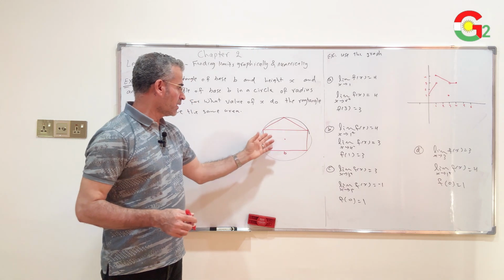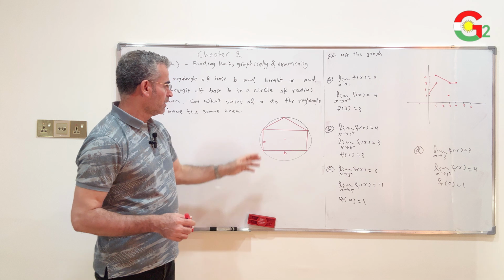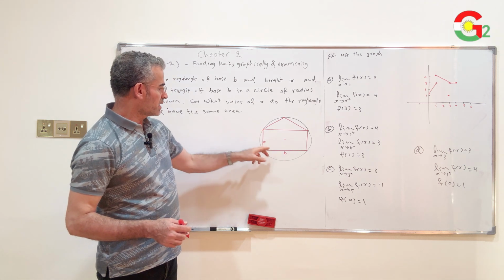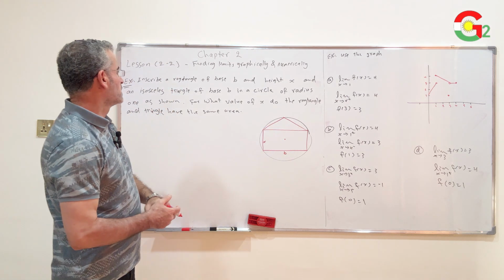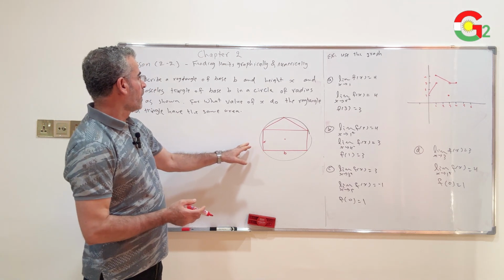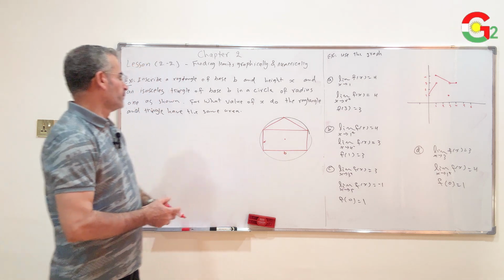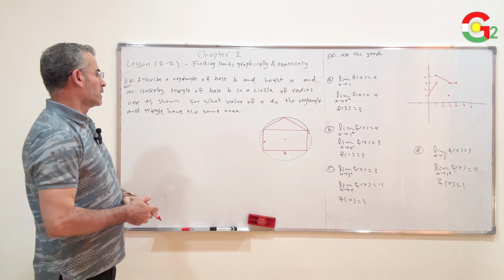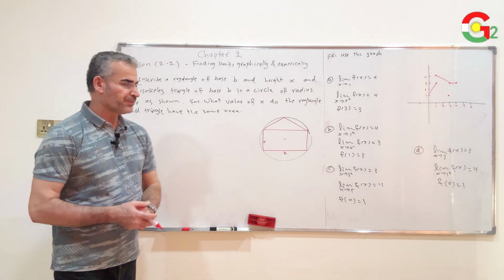This is the rectangle, and this is a triangle, and this is the height of the rectangle, x, and the base of the triangle is b, and also the base of the rectangle is b. For what value of x do the rectangle and the triangle have the same area?